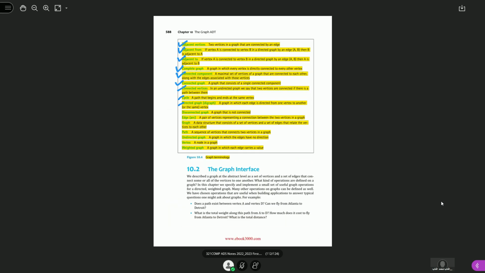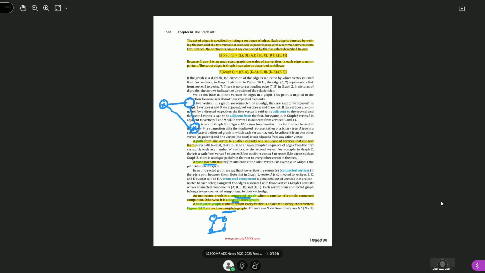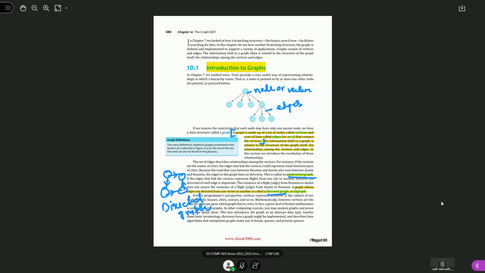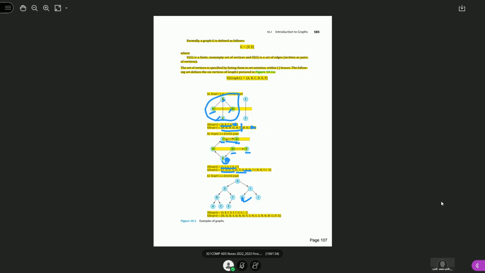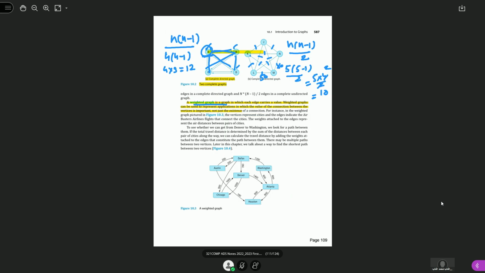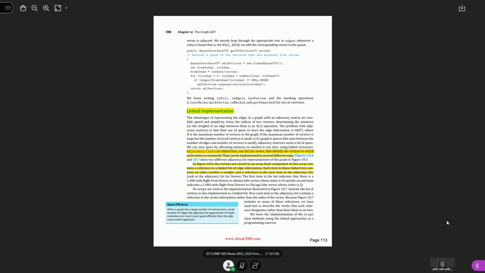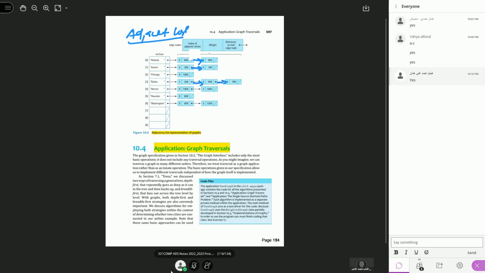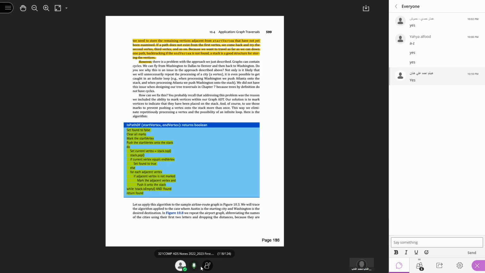I missed somewhere. Look, you don't do this method, bucket or chaining? Adjacent list, adjacent list. Okay, there are two.